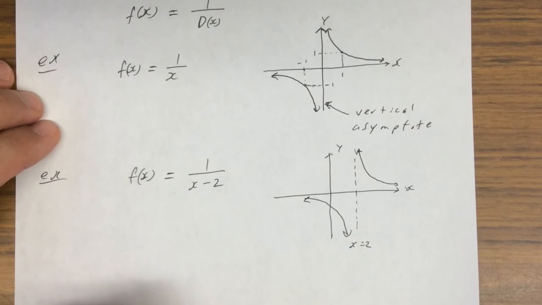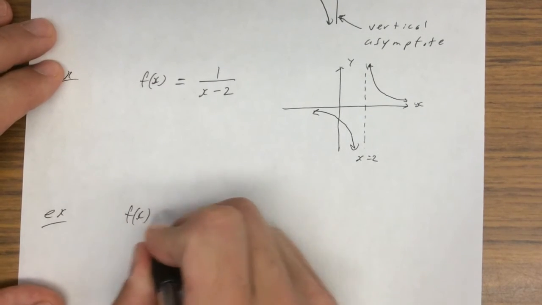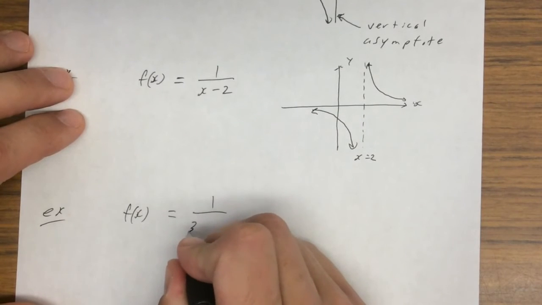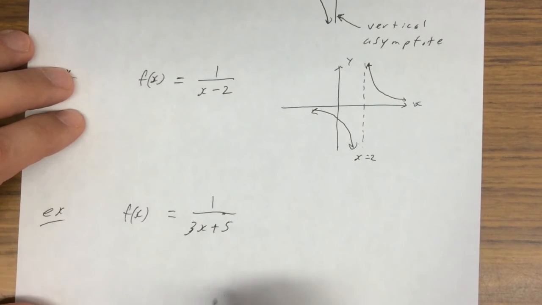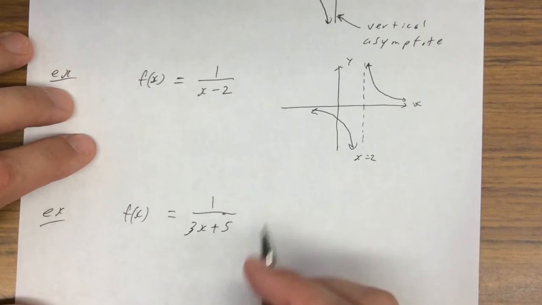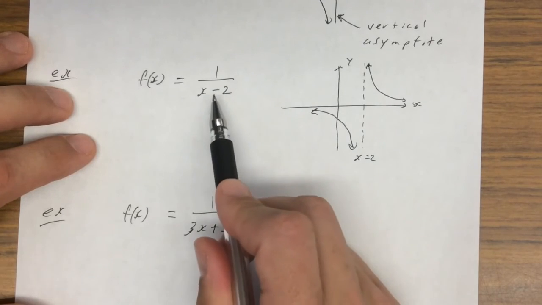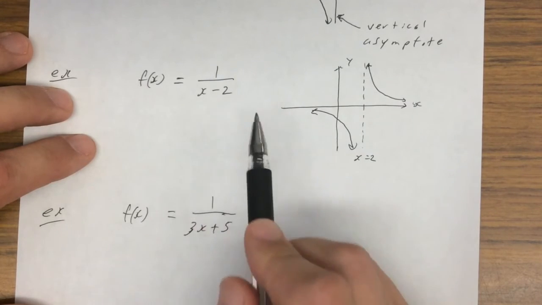Now, same thing if f of x equals 1 over 3x plus 5. That's going to look similar to this, except you want to find out what values of x make the denominator 0, so you know where the vertical asymptote is. For the last one, it was at x equal to 2. You can't divide by 0, so x cannot be 2.